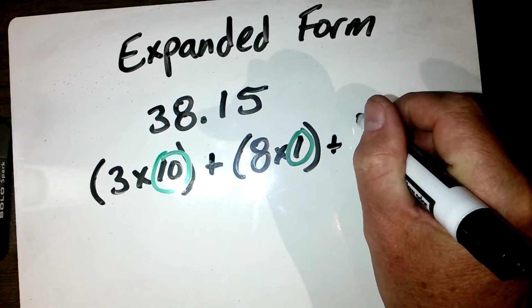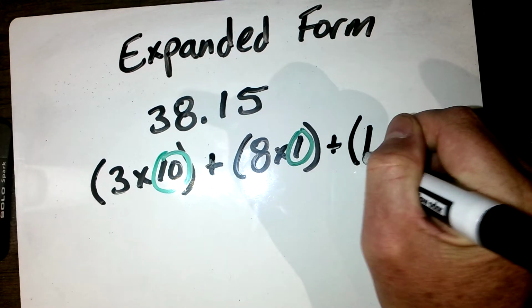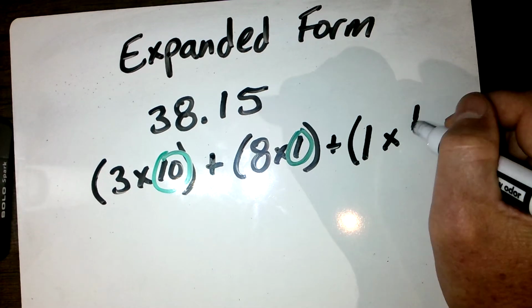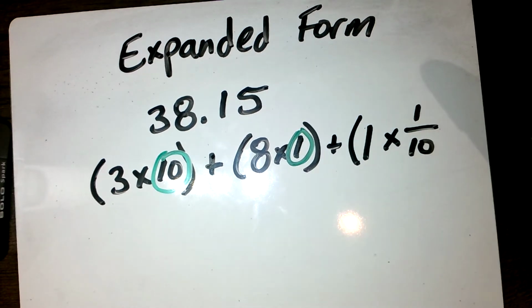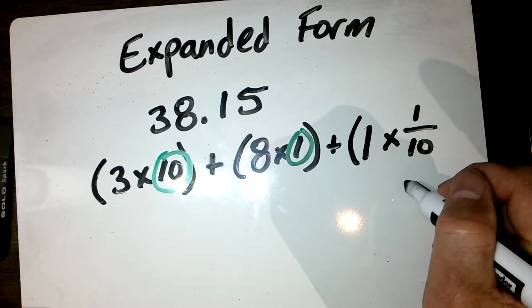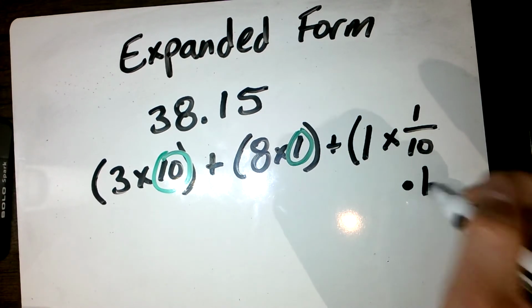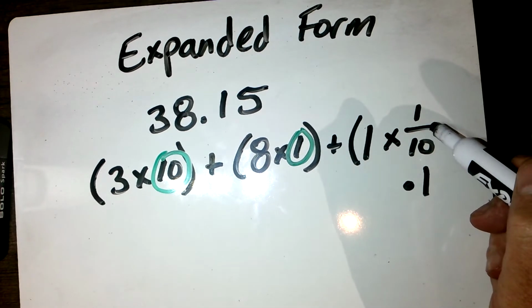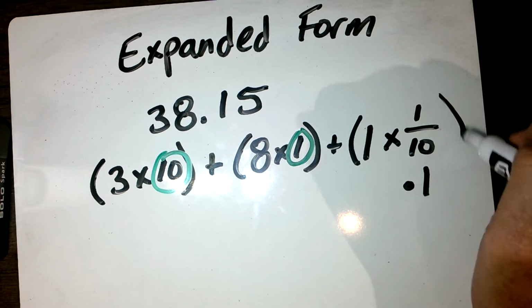Plus, now I have a 1, and that's in the tenths place. So I'll put 1 times 1/10. You could also, if you don't want to put 1/10 like that, you could put 0.1, which is also 1/10. So you choose either the fraction form or the decimal, but not both.